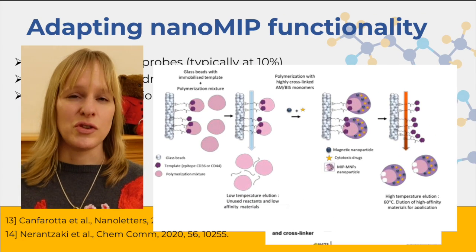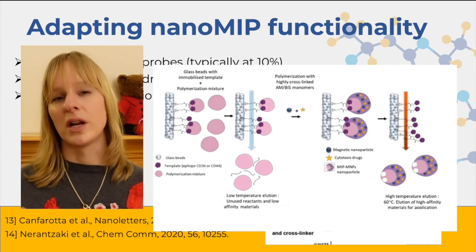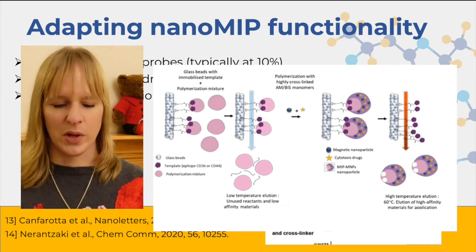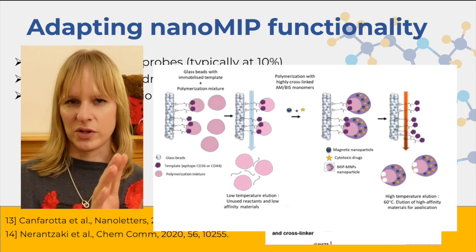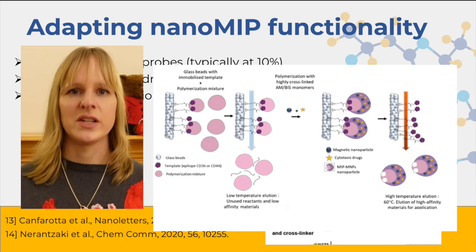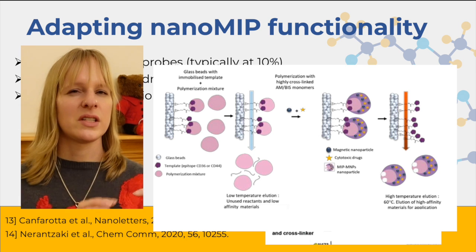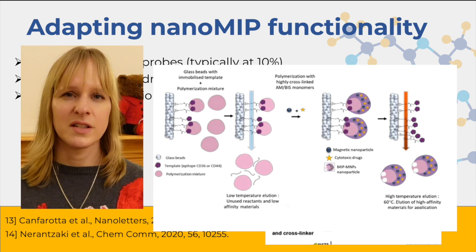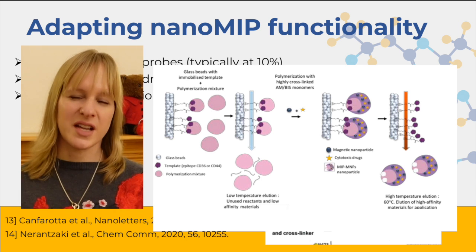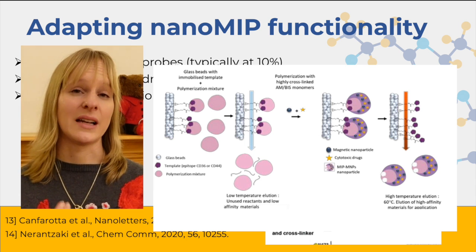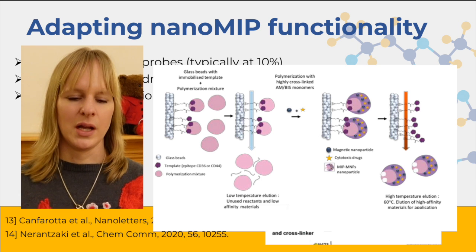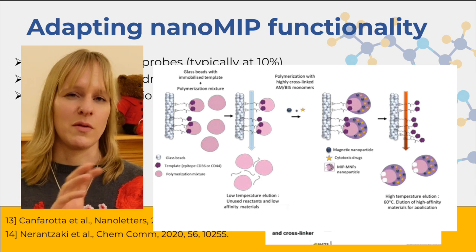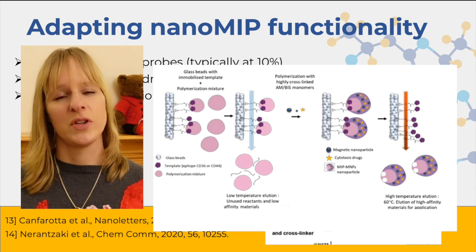What you can also do, and what's quite interesting, is a double polymerization step. You can have whatever you want to detect first, and then you polymerize around it. And then when that's still locked into place, before you actually start eluting off the high affinity materials, you can do a second polymerization step. So you can add in a dual functionality. People have done this with magnetic nanoparticles, which can be quite interesting.